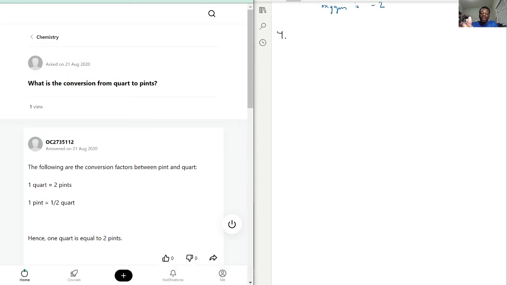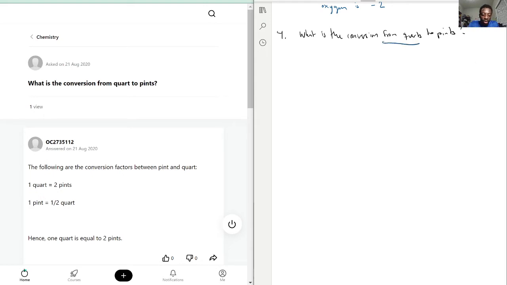Now, we have this question here. What is the conversion from quarts to pints? Okay, so with that being said, this one is relatively straightforward. You want to make sure we're converting from quarts to pints, and that's what they state.